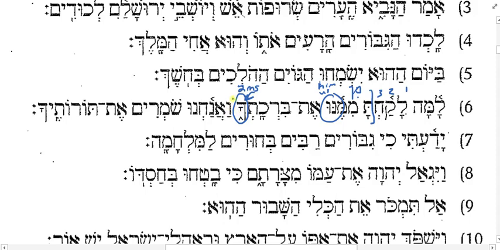And then my new sentence begins with a vav and a non-verb. That's called a disjunctive vav. And anachnu is we, shomerim, there's your Qal active participle, and what's shamar? That's not amar, is said.